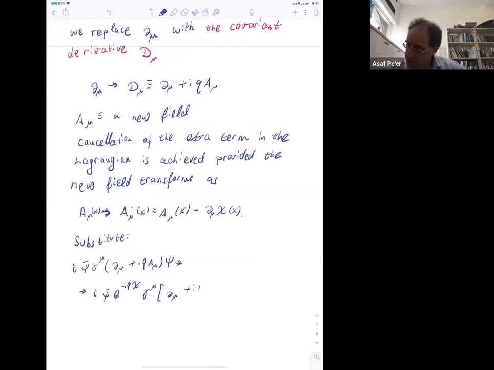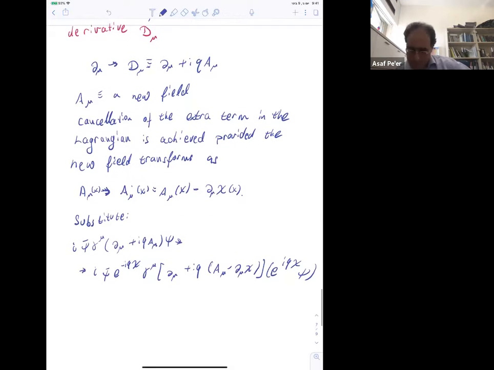Now A mu is going to be A mu minus d mu chi, e to the i q chi psi. They switch the order, but it doesn't matter. Psi and e to the minus i q chi would commute. So this is going to be i psi bar e to the minus i q chi gamma mu.